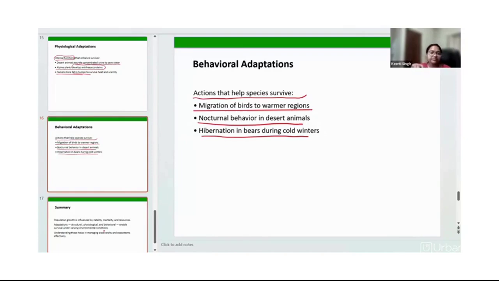So they hibernate inside the soil, right? Of course, they are not going to live there for the whole time. So these are all the adaptations done by organisms to support their survival, right?